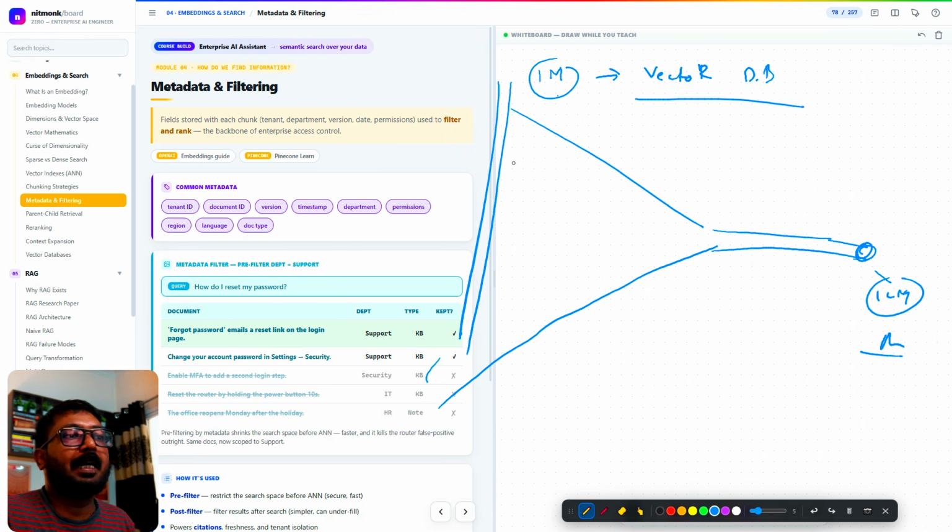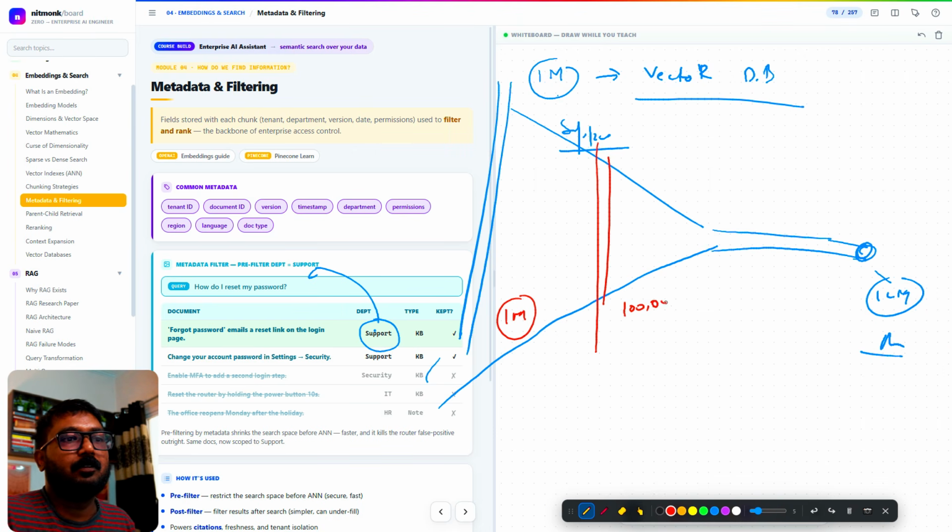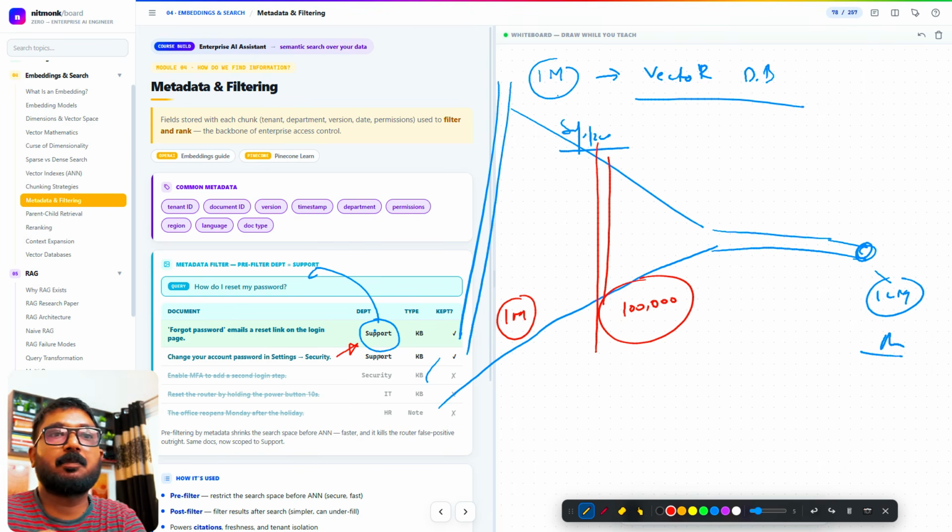First of all, we try to figure out if the content is about support, then we only pick support documents. So let's say from 1 million, we reach 1 lakh or 100,000 support documents. That we did without even doing a vector embedding search. We did that with only metadata filtering. We just apply the support filter and only get the support documents. And then we keep on progressing. That is what metadata filtering is all about.